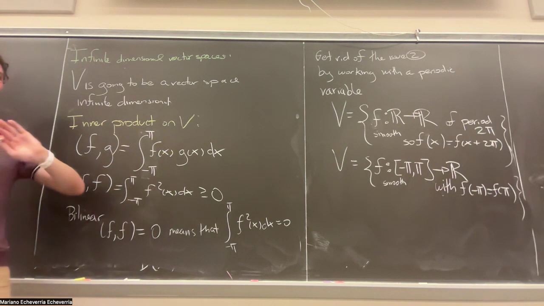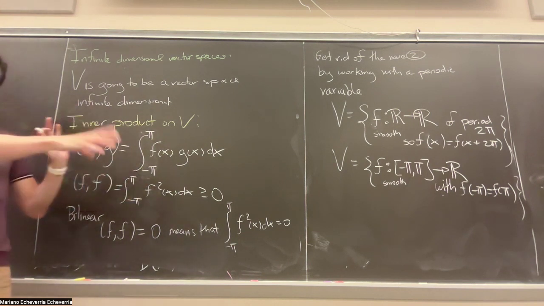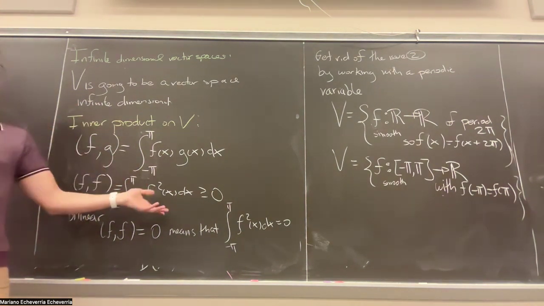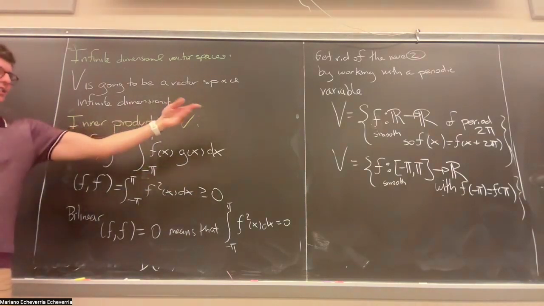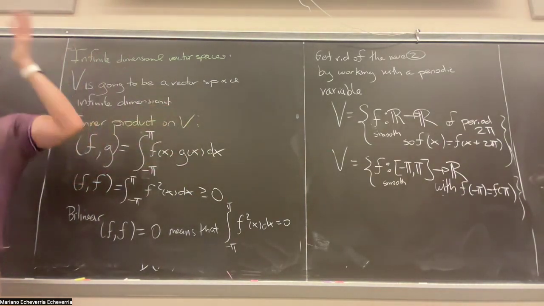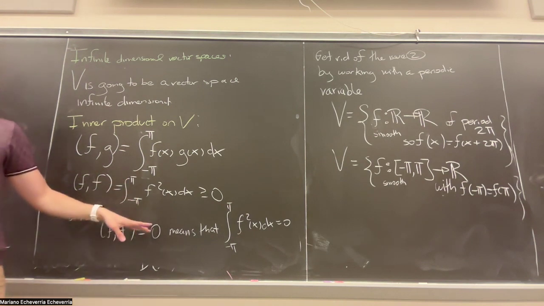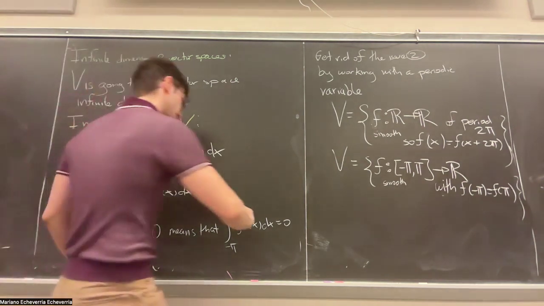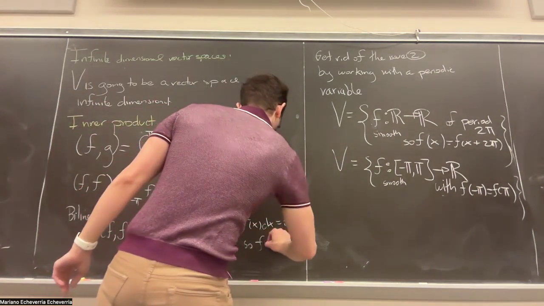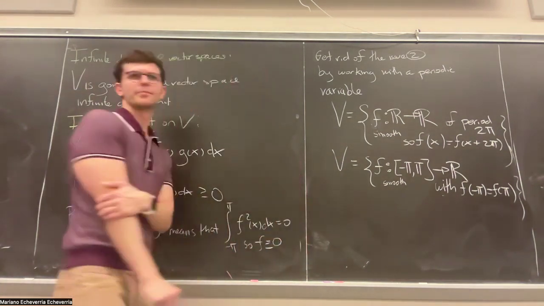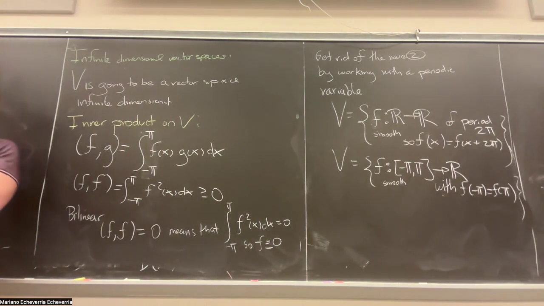They wouldn't be smooth. They're outside of what we're looking at for now. So if the square of a continuous function integrates to zero, then the function itself had to vanish altogether, right? So far, so good. Questions about this?